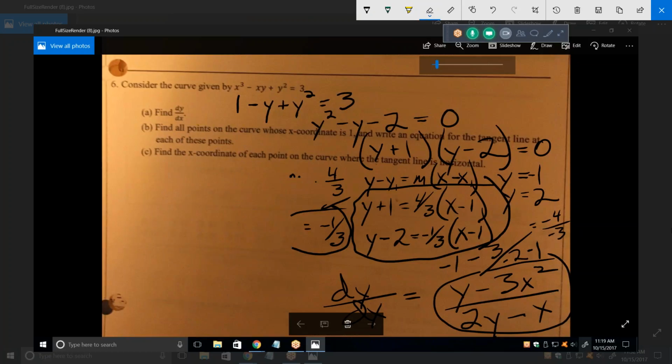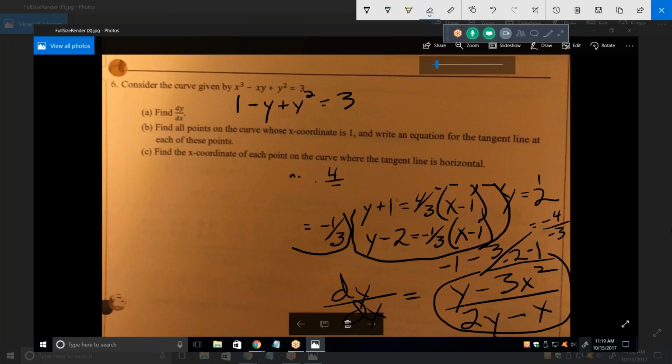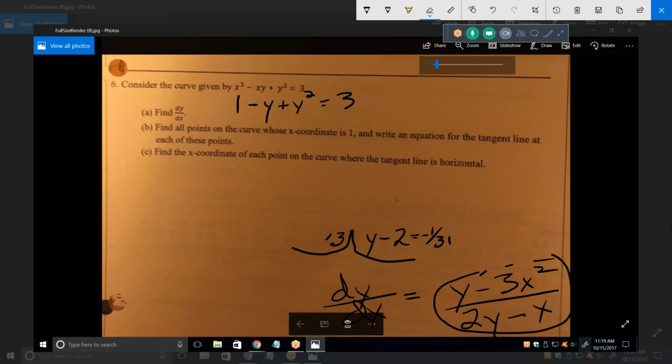What does that mean about our derivative? If the tangent line is horizontal, what is our derivative at those points? That means it's 0. Don't say nothing. Okay. It's 0. It has a 0 slope, right? That's the slope.